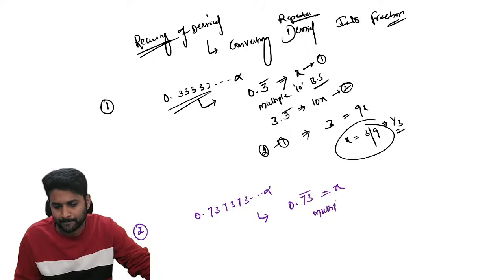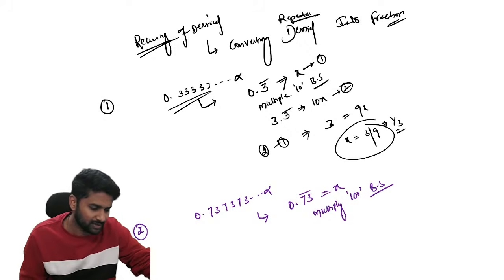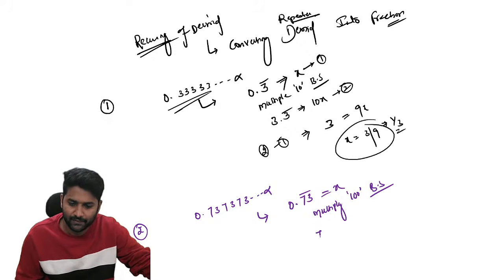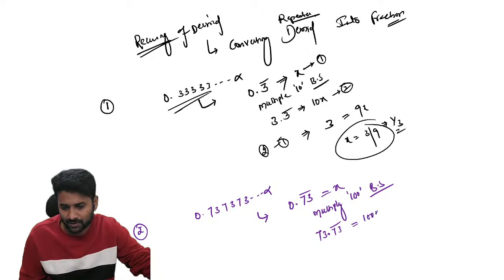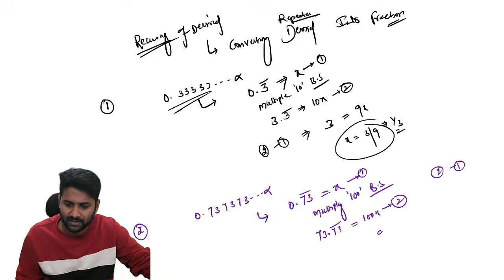Multiply 100 on both sides. If you multiply, it becomes 73.73 bar equal to 100x. Let's take these as equations 1 and 2. Just subtract 2 minus 1. Then you will get 99x is equal to 73.